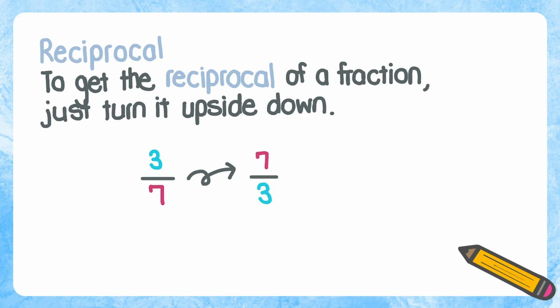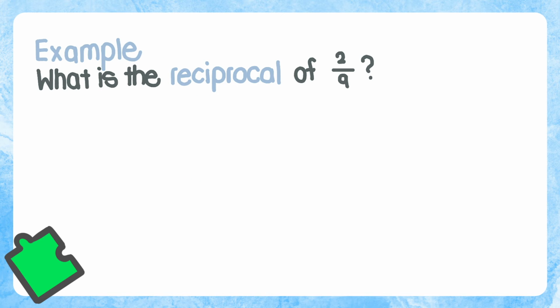So the reciprocal is 7 over 3 because I simply turned the fraction upside down. So just a quick example here. Please find the reciprocal of 2 over 9. What is the reciprocal of this fraction?